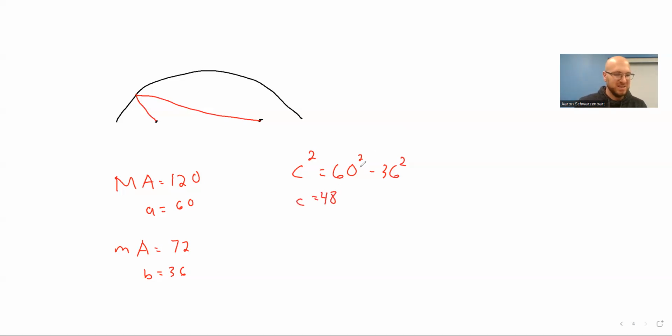So 48 is not the distance apart. 48 is half of the distance apart. 48 is the distance from center to foci. So the distance apart is twice that, which is 96.